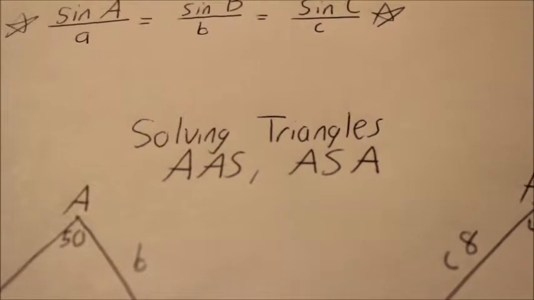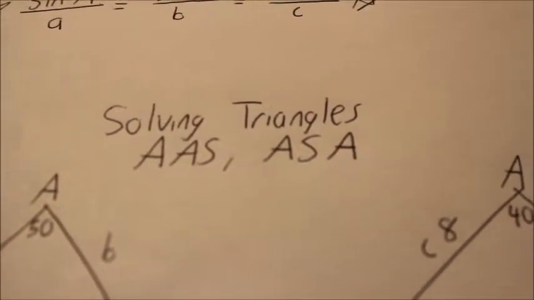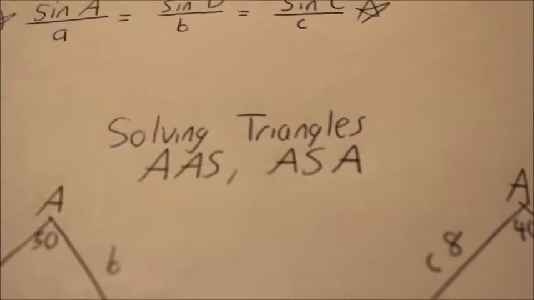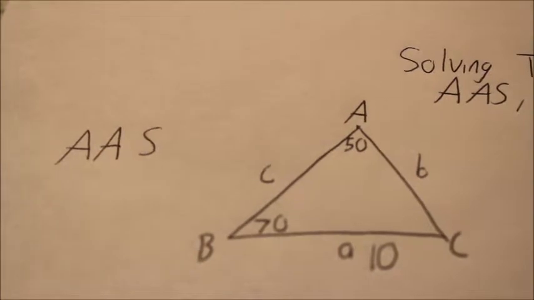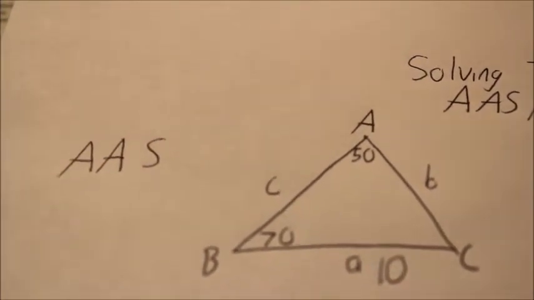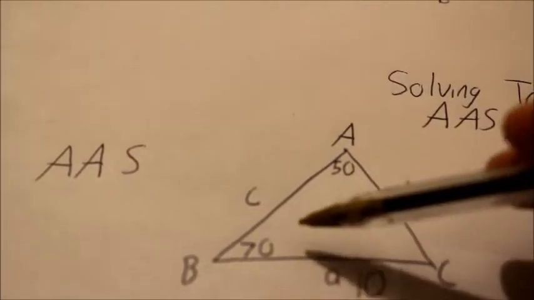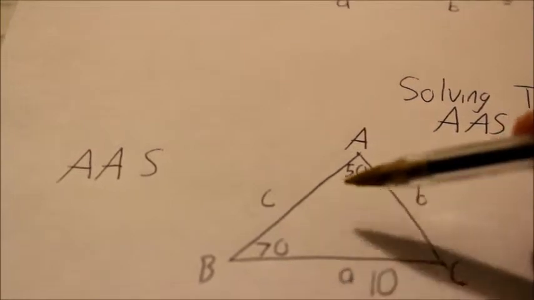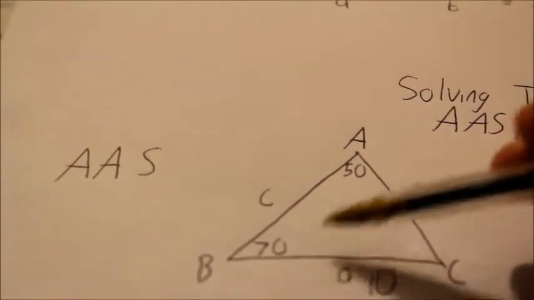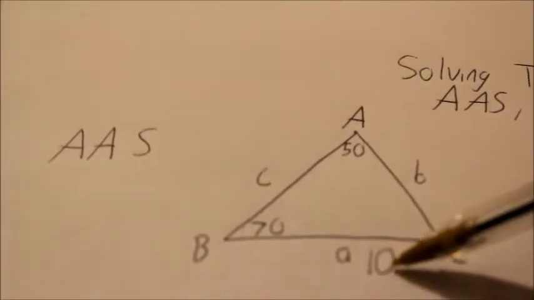The first types of triangles we will solve using the law of sines will be angle angle side and angle side angle triangles. Let's review what these triangles are. An angle angle side triangle is where we know two of the angles, and the side following the second angle is also known. Here we know angles A and B, which are 50 and 70 respectively, and we also know the side of A, which is 10.